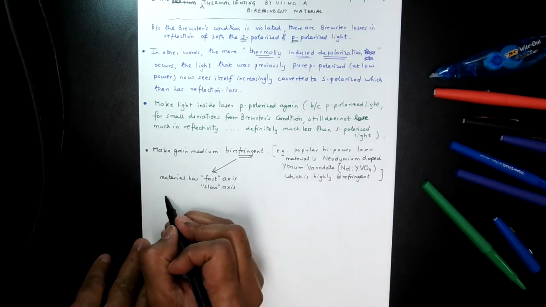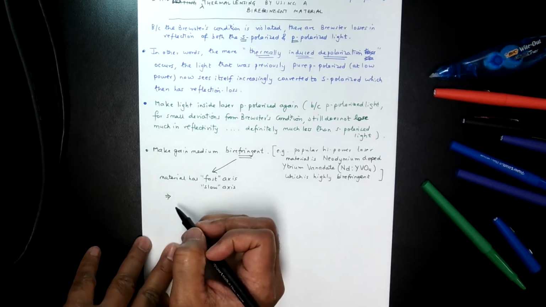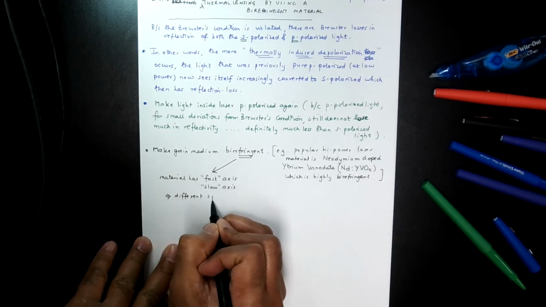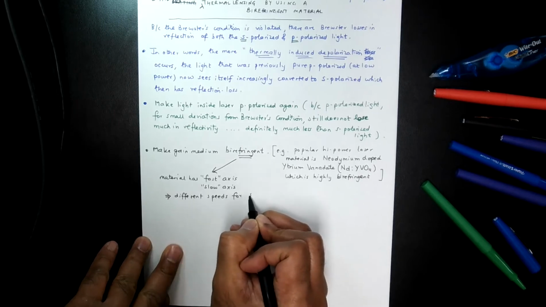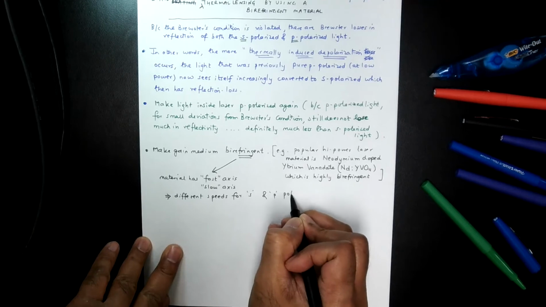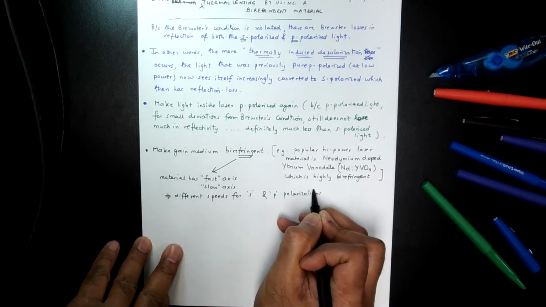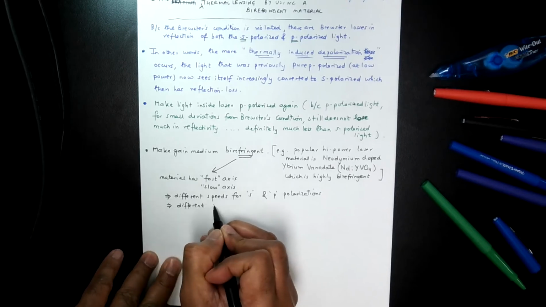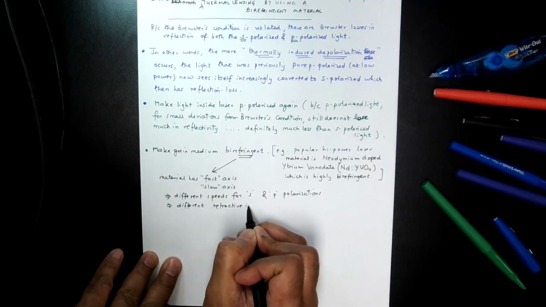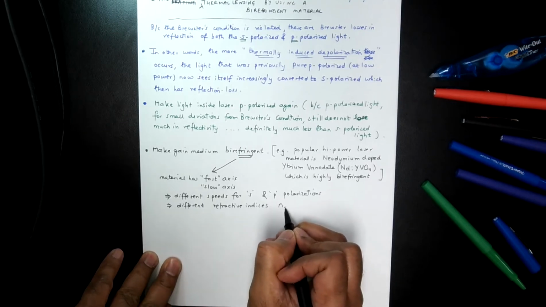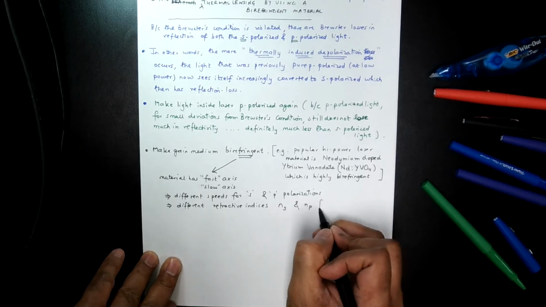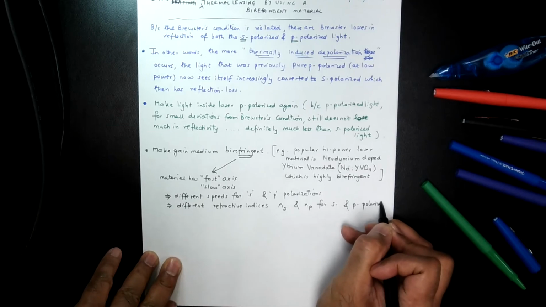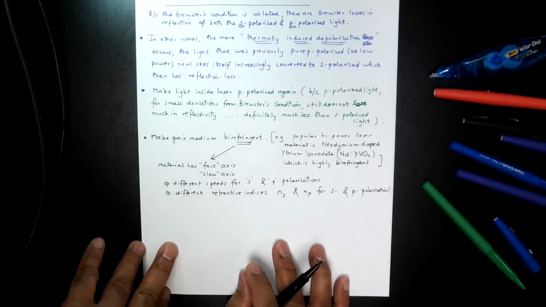So this means different speeds for the S and the P polarizations. And that's kind of cool because that means different refractive indices. Let's call them N sub S and N sub P for the S and P polarizations.